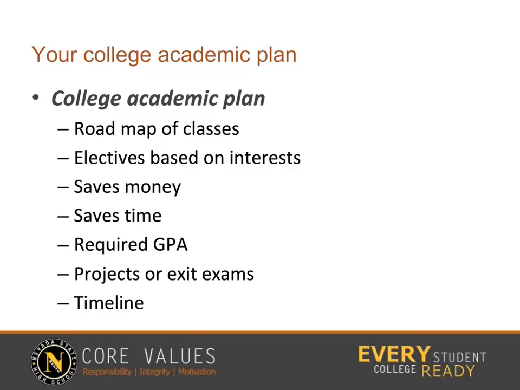NSHS will help students project into their classes, but they will need to work with their college academic advisor as soon as they are admitted into a college to ensure this plan aligns with their college requirements. This form should be filled out and monitored with your academic advisor often, and be sure to keep copies. Click to the next slide when you are ready.